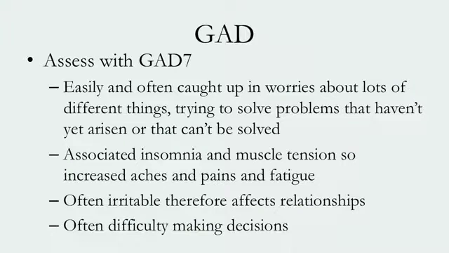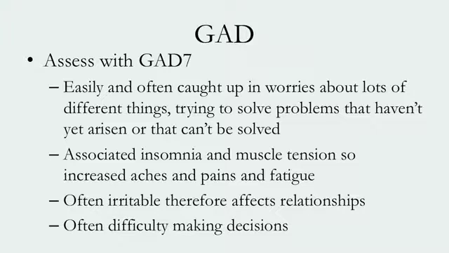So the first one is generalised anxiety disorder. Obviously, this is what the GAD-7 is designed for, so it's very easily picked up with that questionnaire. What we're looking for there is somebody who's really caught up in worries about lots of different things, trying to solve problems ahead that haven't yet arisen.